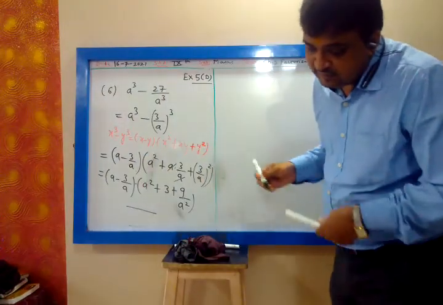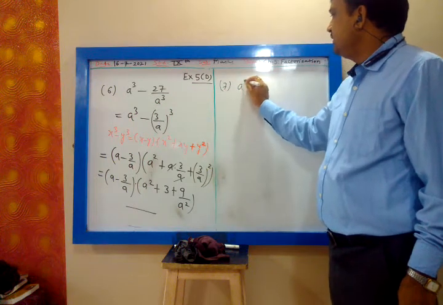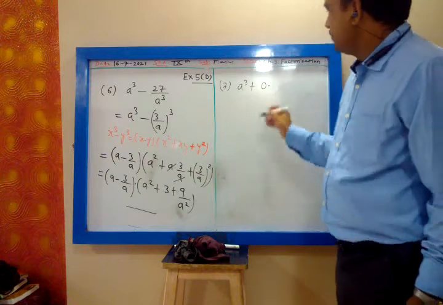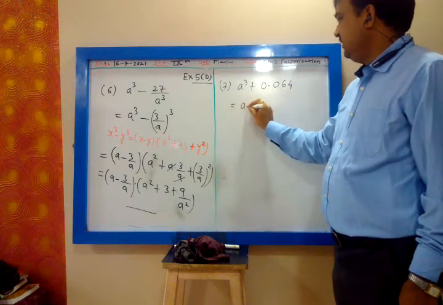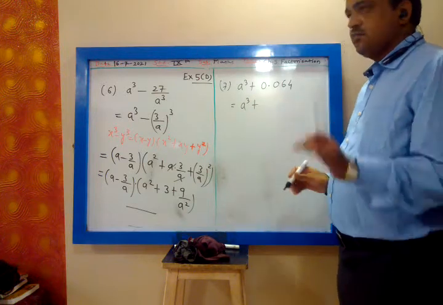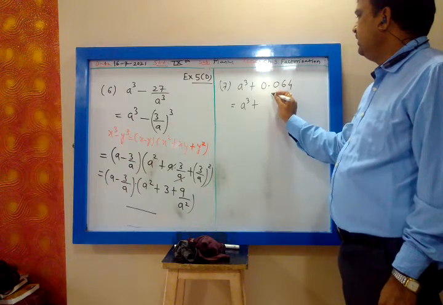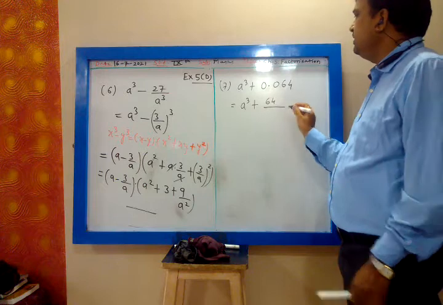Then 7 a cube plus 0.064. So this I can write as 64 upon 1000.